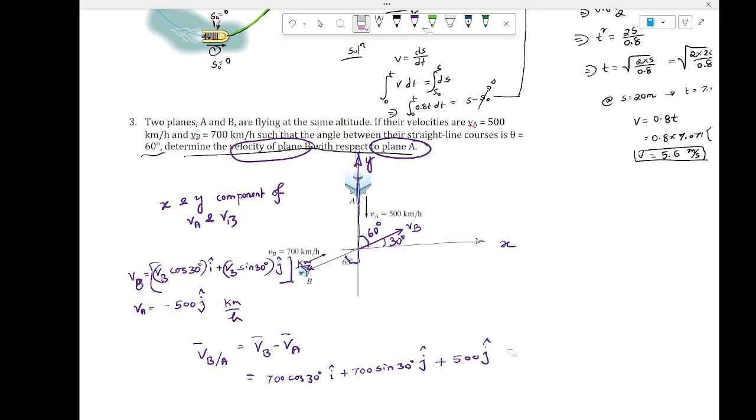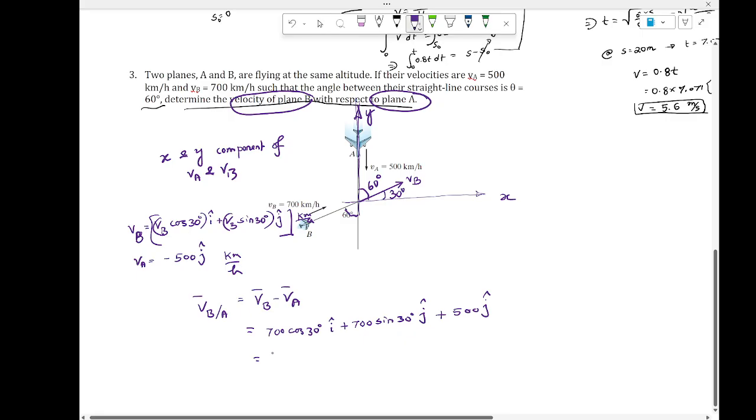I'm skipping the units for now, but you know the units are the same. All right. So what is this 700 cos 30? What is the value? 606.22. Okay. What is 700 sin 30? Is it 350? Yes. And then 350 plus 500 means 850? You guys agree? All right.